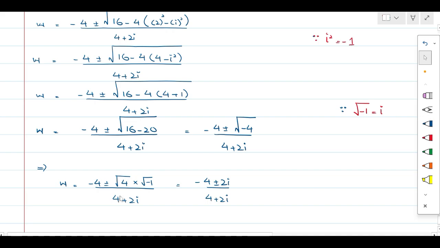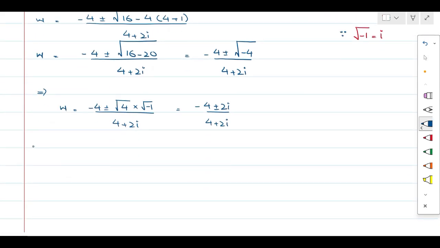Okay, now we have two solutions here for w, right? The first solution is w equals (minus 4 plus 2 iota) divided by (4 plus 2 iota), and the second solution for w is (minus 4 minus 2 iota) divided by (4 plus 2 iota).